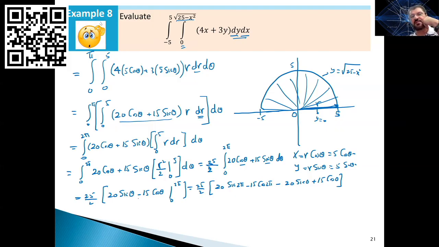Minus this, minus becomes plus 15. Now we know sine pi is 0, and sine 0 is 0. Cosine 0 is 1. Minus 15 plus 15, they cancel, right? So this one goes with that one. And the final answer is a 0.